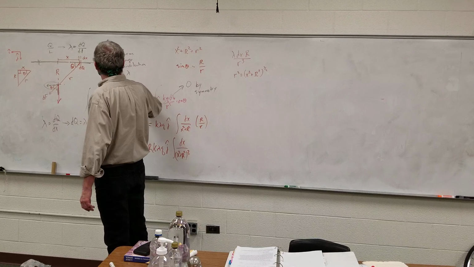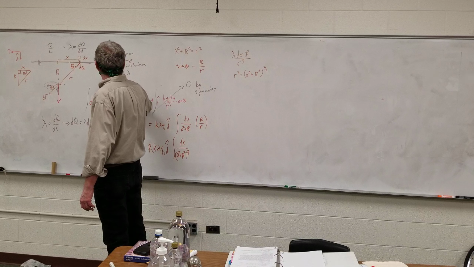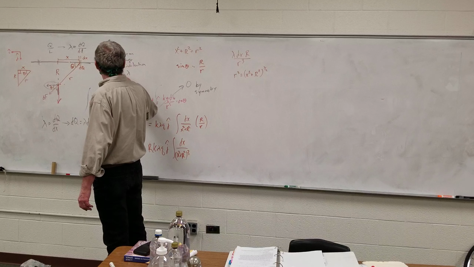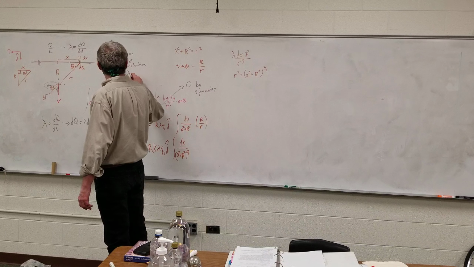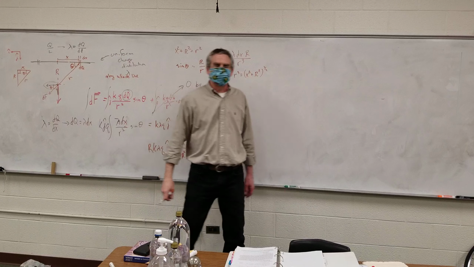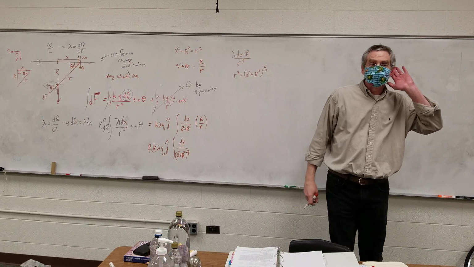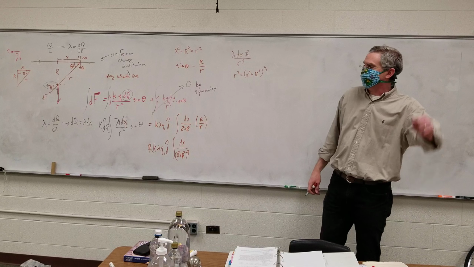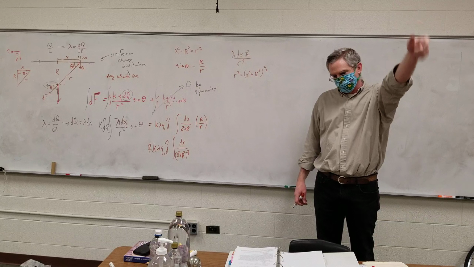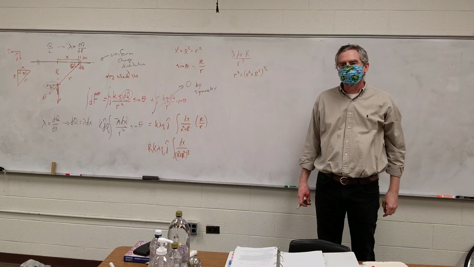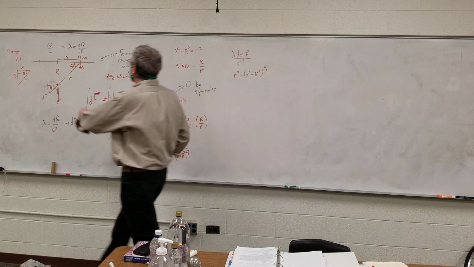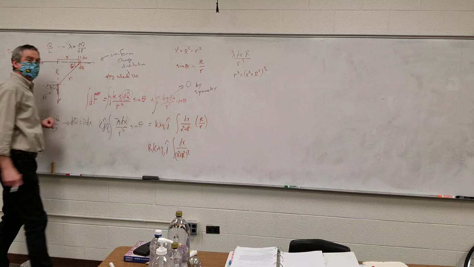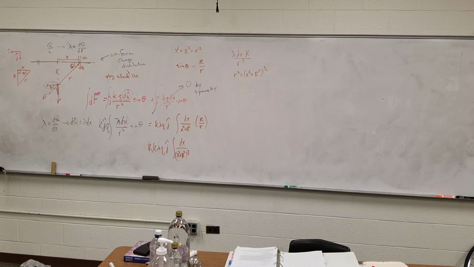Uniform charge distribution along an infinite line. 0 to infinity. There's a slightly simpler way of doing it. If you do 0 to infinity, you're just looking at that part of the line. Oh, negative infinity to infinity. Yeah.